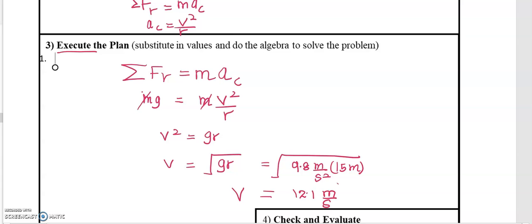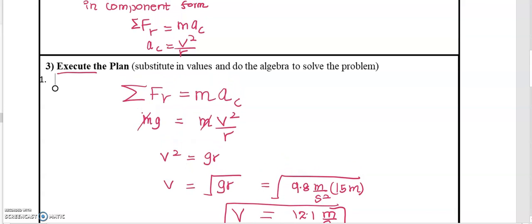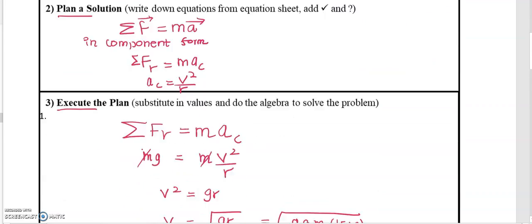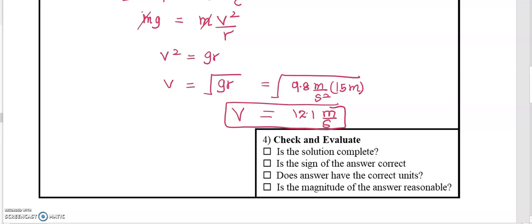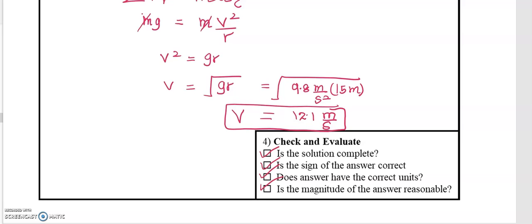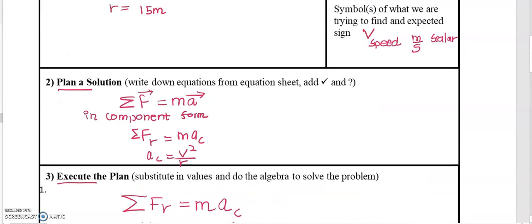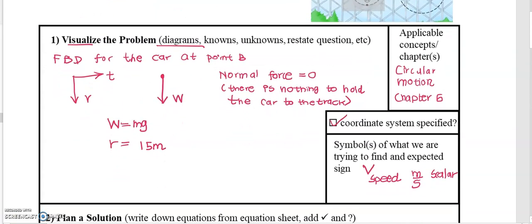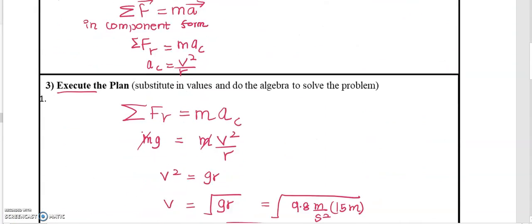So if the car goes faster than this at point B, it will definitely fly off the track, or else you need a higher downward normal force to make sure that the car is not going to fly off the track. So we have solved for the speed of the car, and the problem is complete.